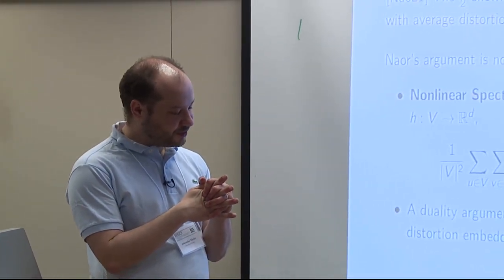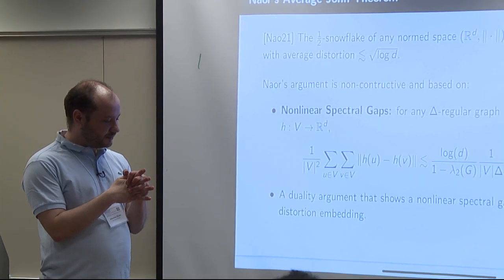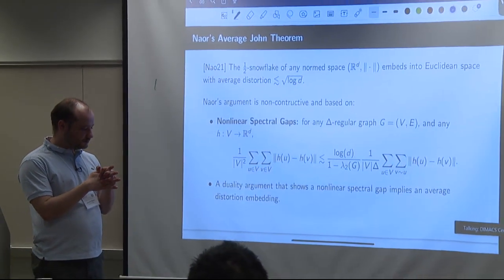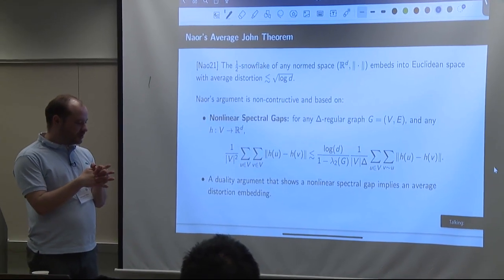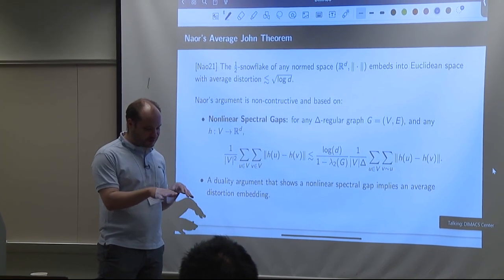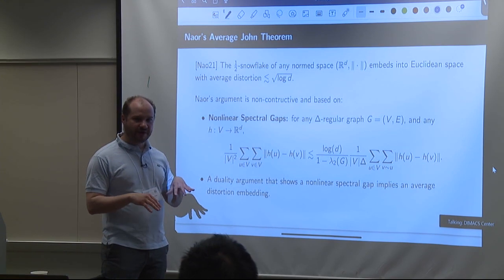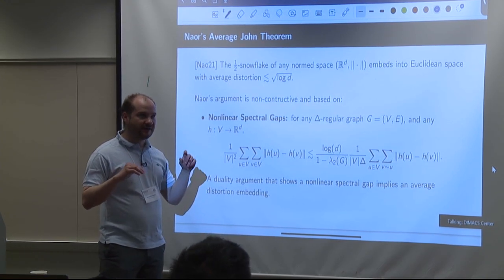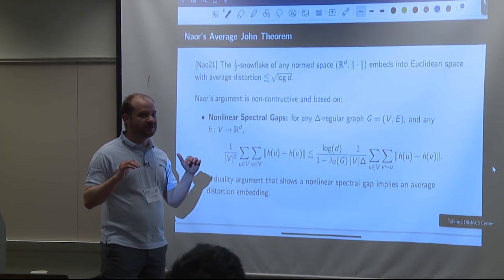So you end up showing a statement that is also on average. The average distortion requirement is that average distance doesn't go down, but no distance should increase too much.